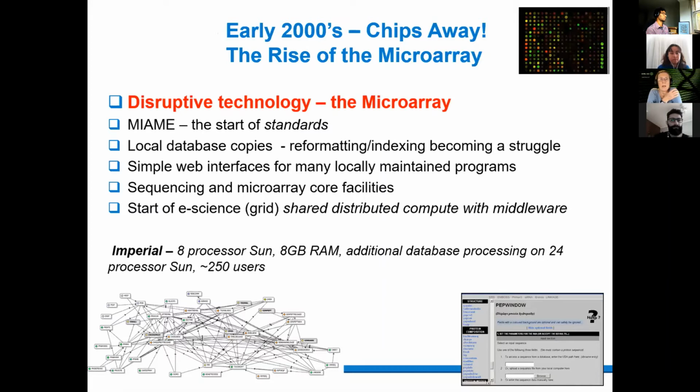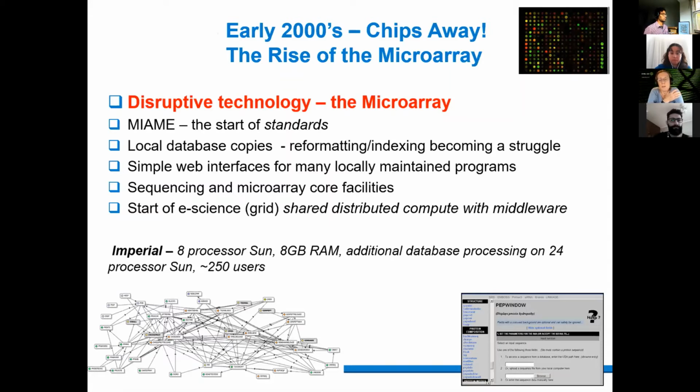So microarrays had a big effect on many areas of biology. And around this time, very often, if you look around institutions and larger universities, you would find that they would have maybe a microarray core facility, or a bioinformatics and microarray core facilities, and very often there would be some sort of local sequencing available as well.